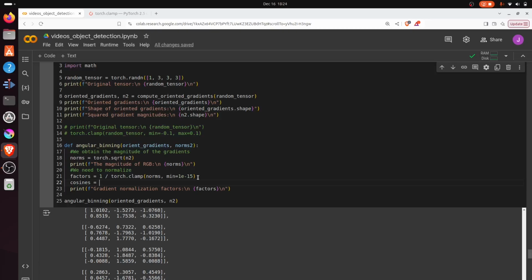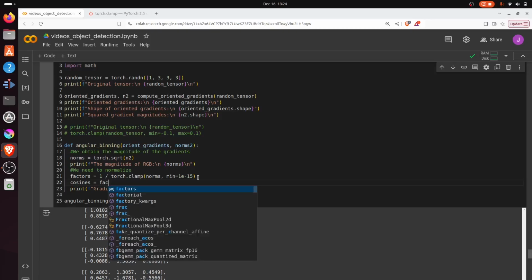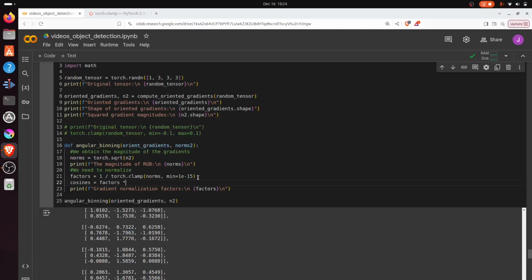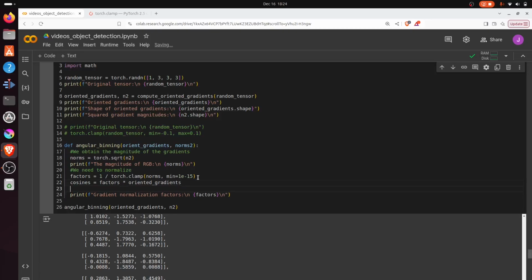So cosines are going to be the normalization factors times the oriented gradient. Okay, so now we just applied it, and now let's visualize that.